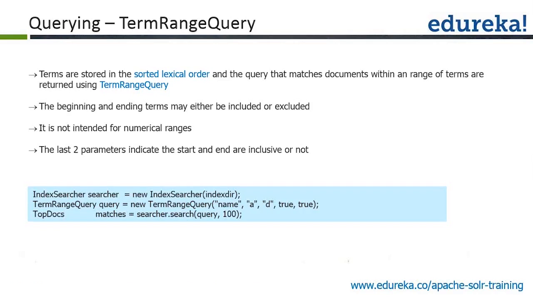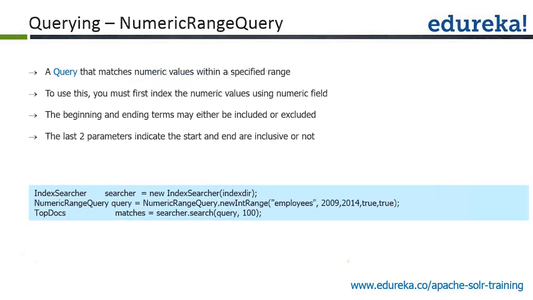When you provide a range of terms, say a term could be of any length, if I say between A and S, it would return all the documents between A and S. And those A and S can be either inclusive or exclusive, so you can provide including A or just exclude A and provide after A. All those things are possible in the term range query, and we'll see a couple of examples which will make it easier to follow.